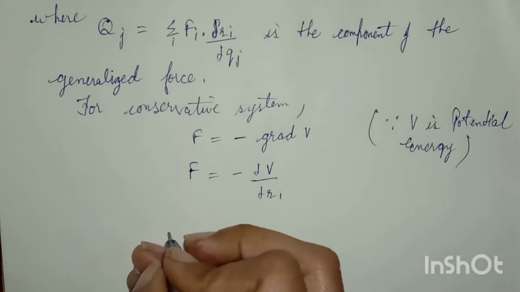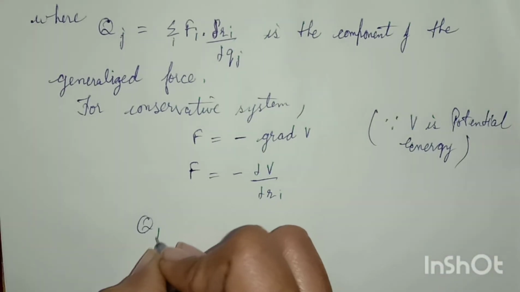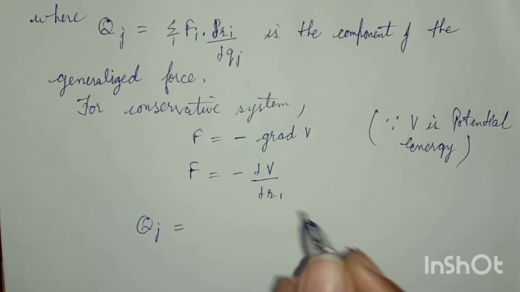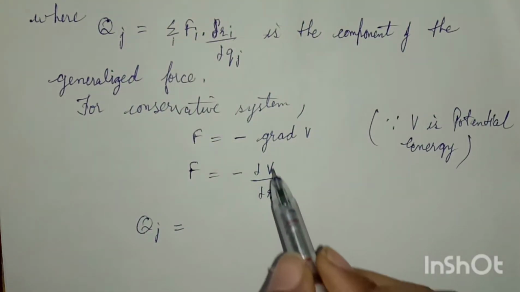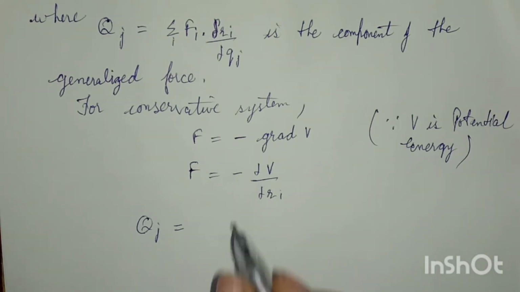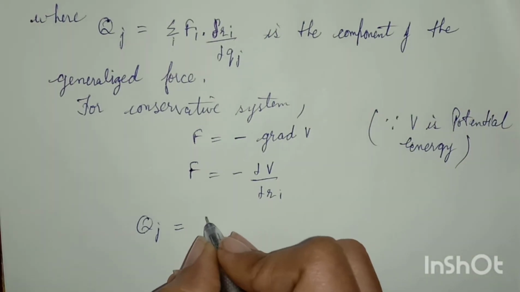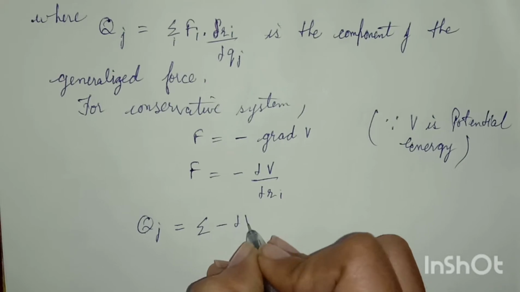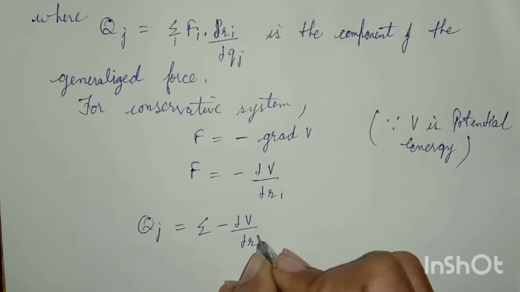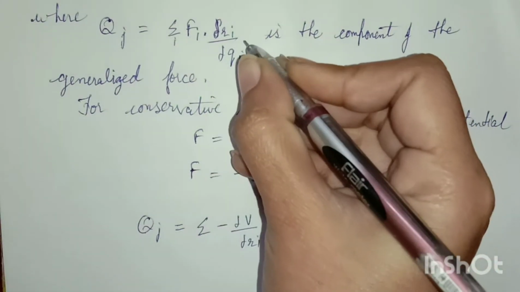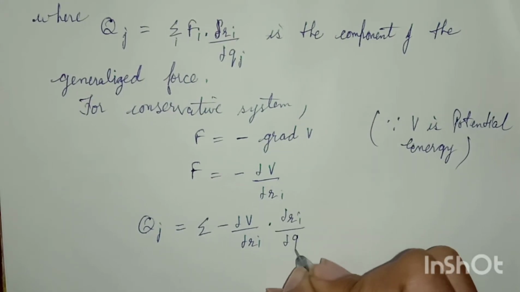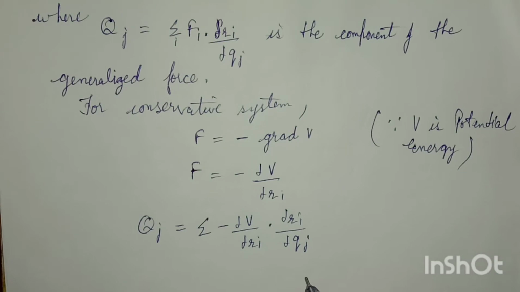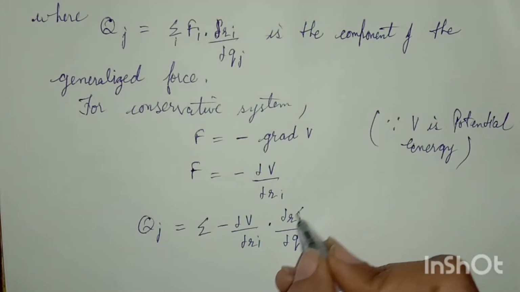Now Qj is equal to, in place of Fi we can write this one. So summation of minus curl V upon curl Ri, then curl Ri upon curl Qj. Now we can cancel curl Ri and curl Ri from here.